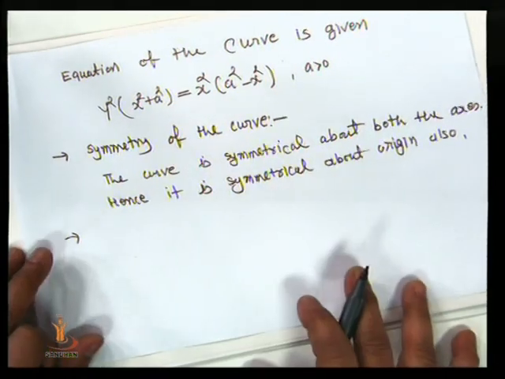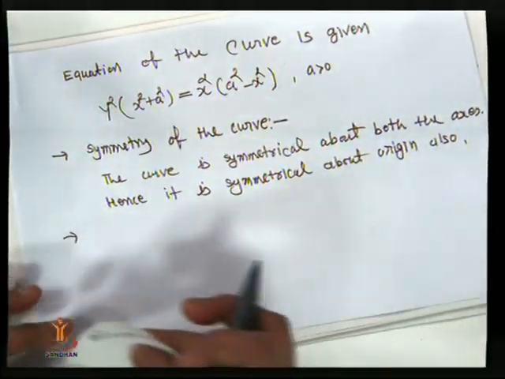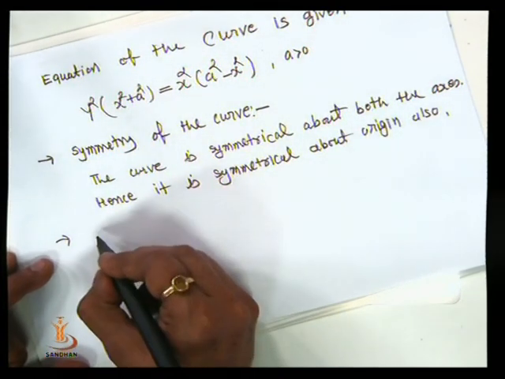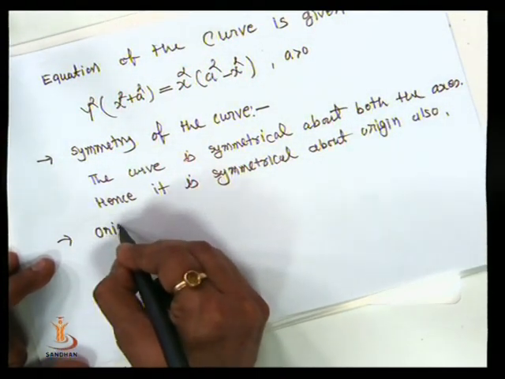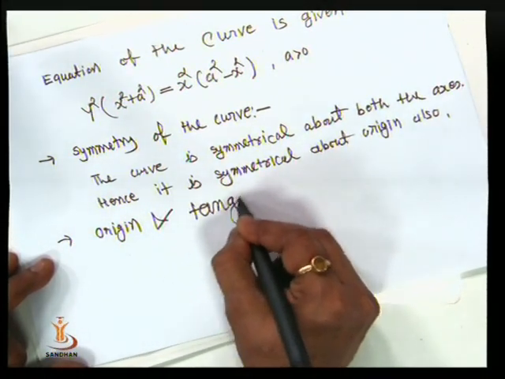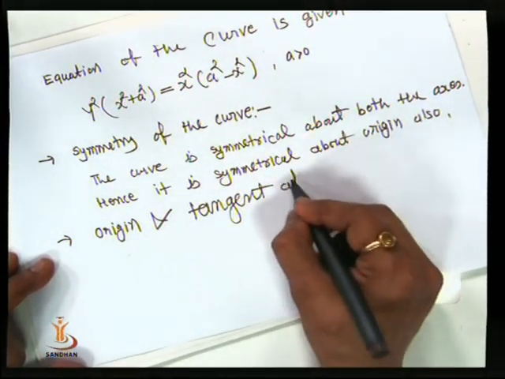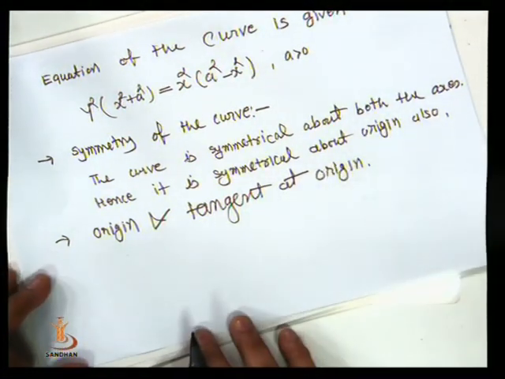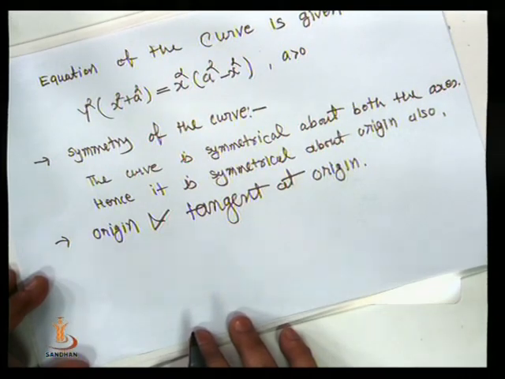Second property we have to check, that is origin and tangent at origin. From the equation you can see here that the equation does not contain any constant term, so it will pass through the origin.